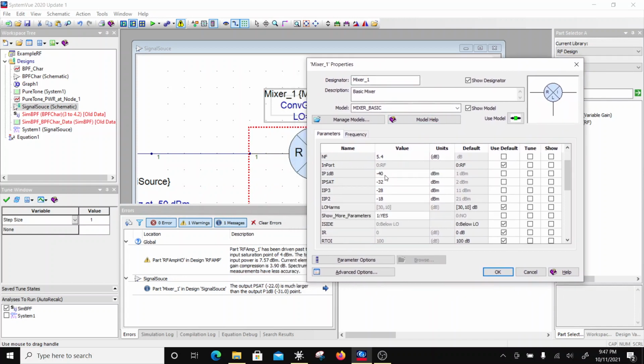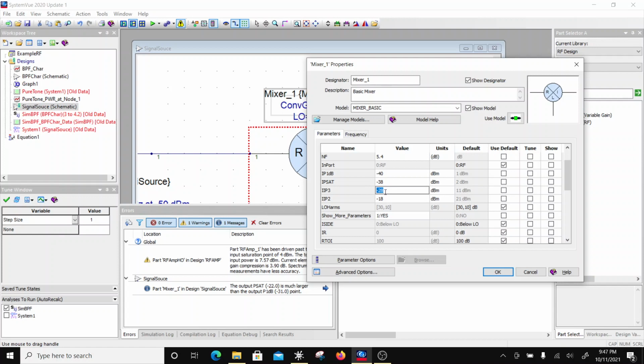So this is input P1 dB is minus 40. So that means output P1 dB is minus 30. Then minus 20, 30, minus 30, minus 28, minus 28, minus 38. So shouldn't it be minus 38?